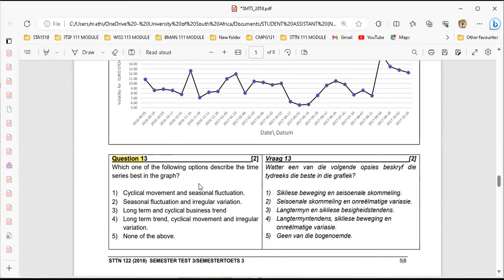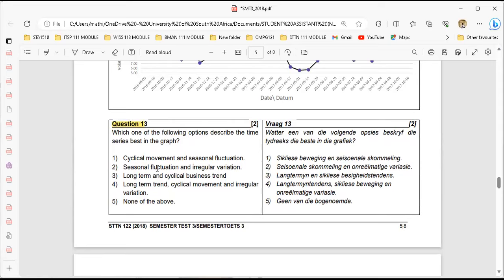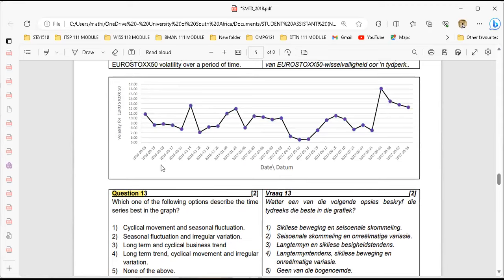We talked about 4 types of movement component. Please check the recording that I'm going to send, where I was explaining the cyclic movement, seasonal, long-term, and irregular variation.